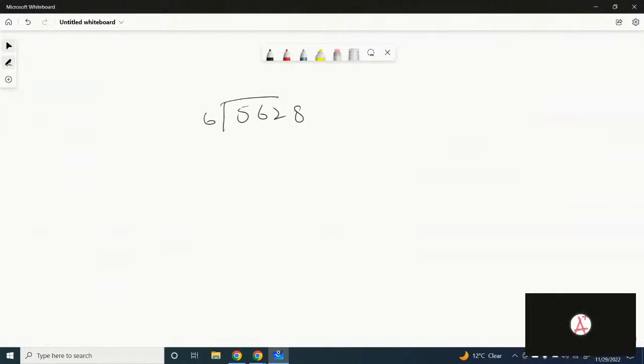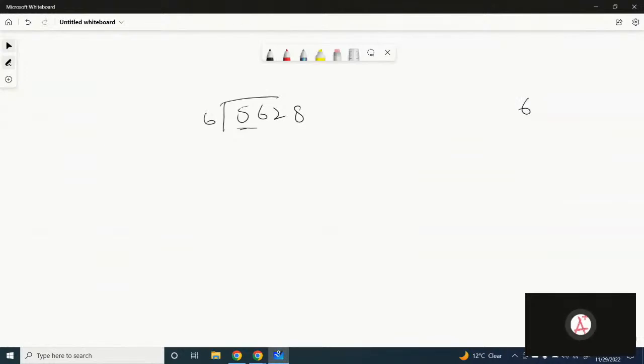Got it? Okay, let's start with the first digit. Can we divide 5 by 6? No, because 5 is smaller than 6, so you have to make it 56. Now you have to count the table of 6 until you get 56. Got it?